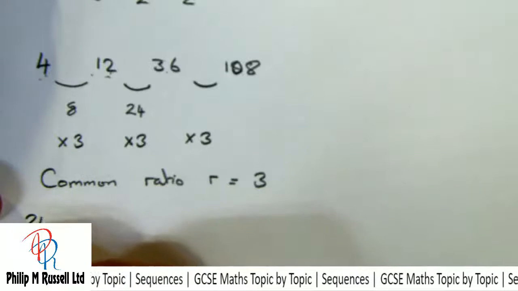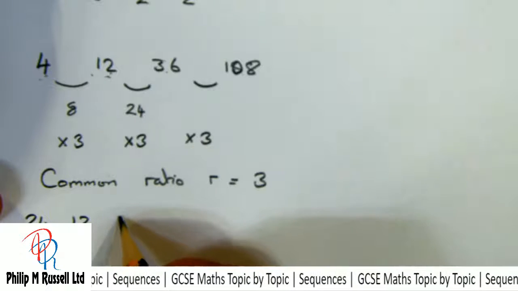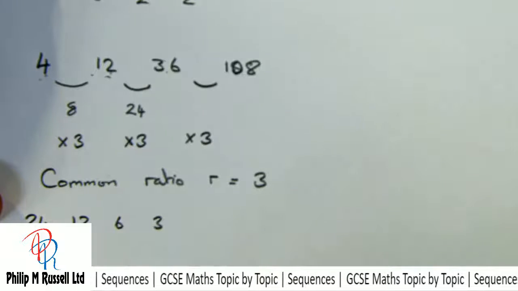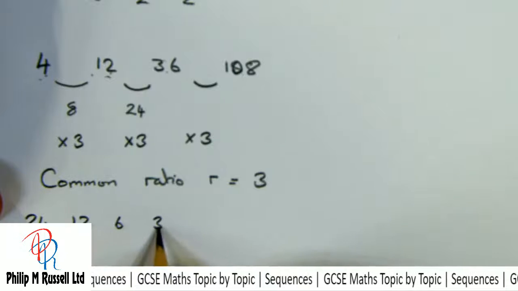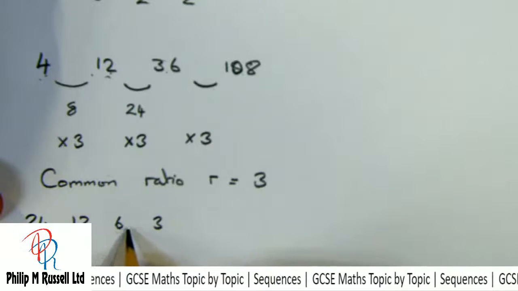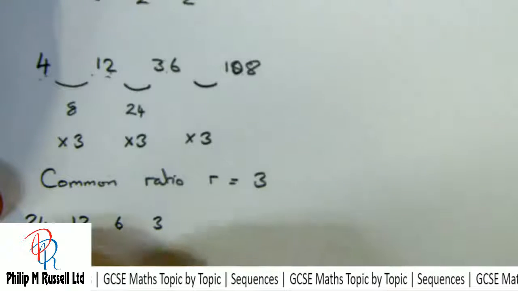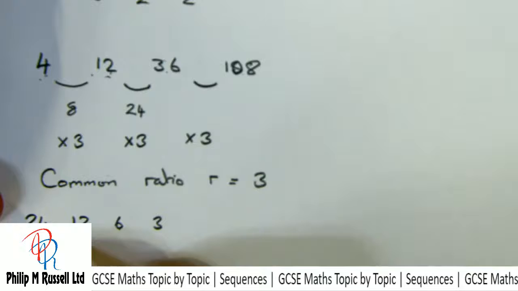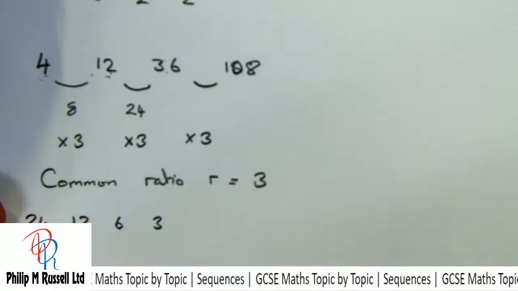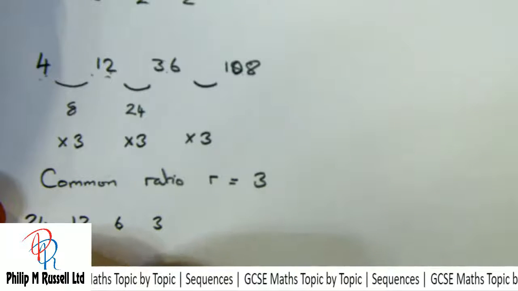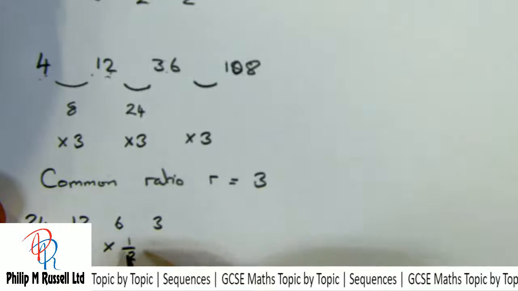This one here is 24, 12, 6, and 3. What are we doing? Well, here we're going 3 to 6, I'm doubling, 6 to 12, I'm doubling, 12 to 24, I'm doubling. So I'm actually here halving it. And we can think of this either as dividing by 2, or multiplying by a half.